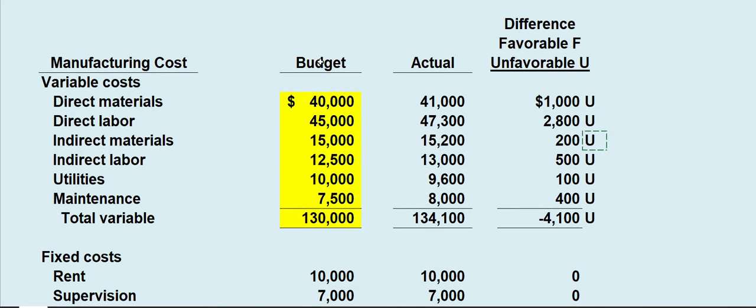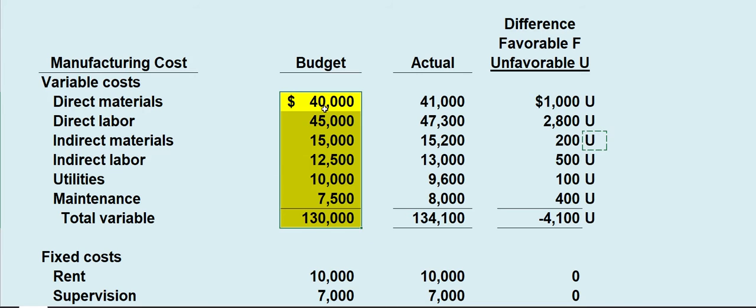And so in this first column, we have their budgeted variable cost and their budgeted fixed cost. Recall that your variable cost on a per unit basis is fixed, however, on a total basis varies.